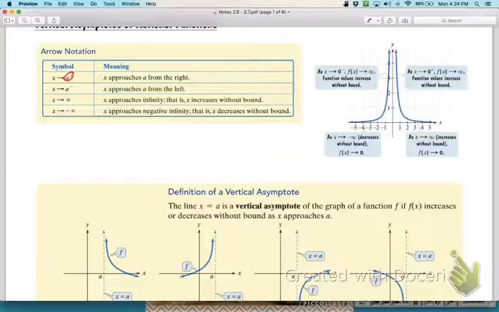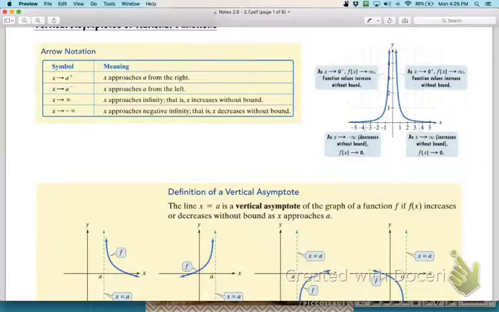I'd be starting from the positive side and approaching this way. If I was coming from the negative side, a minus, that would mean that I'm coming in from the left. And so, for example, the way we would read this graph is as x approaches 0 from the left, f of x, again, that's y, approaches positive infinity. So just a little bit about that notation.